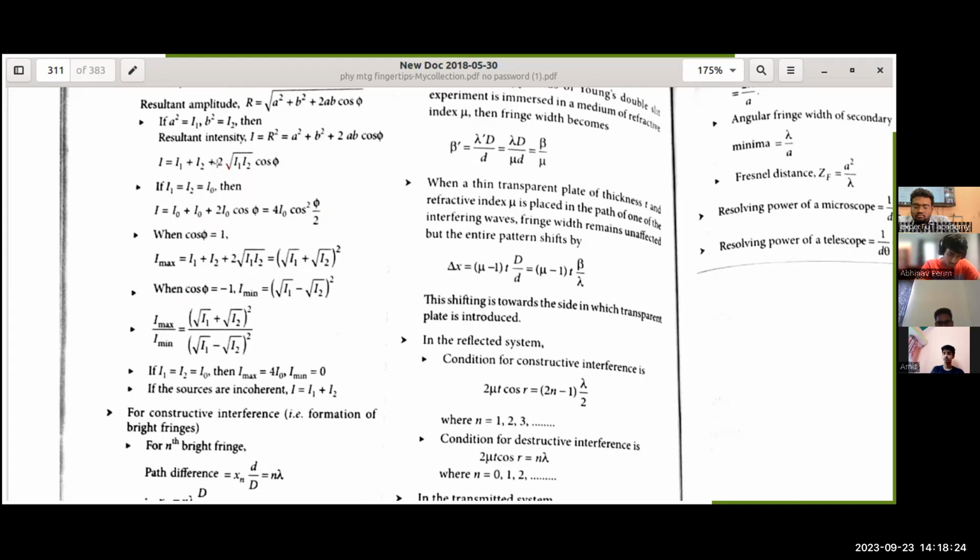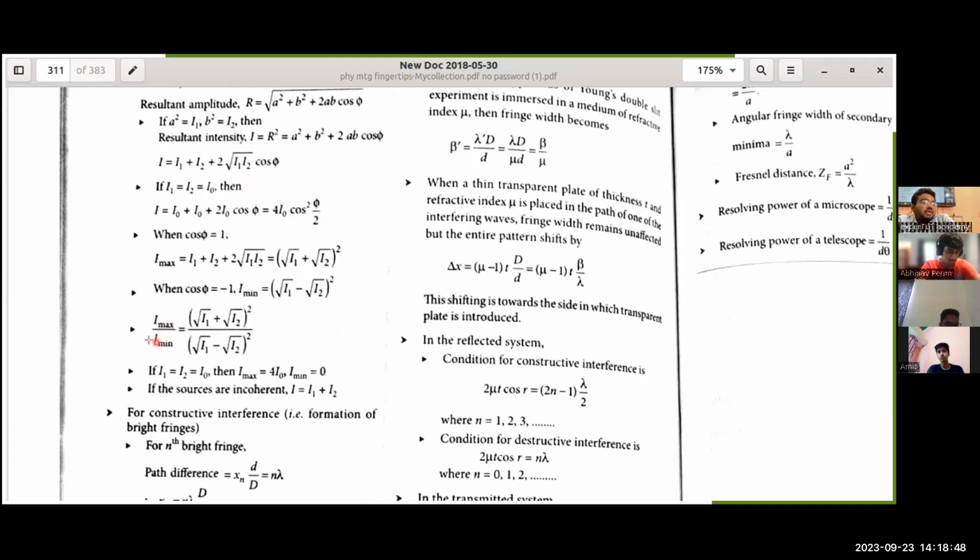Now write I minimum. It is the root of I1 minus root I2, the whole square.